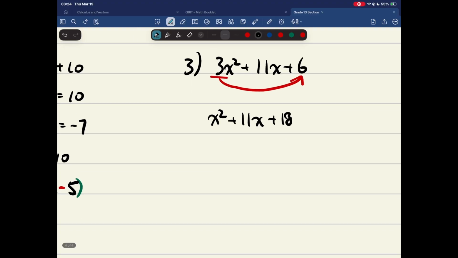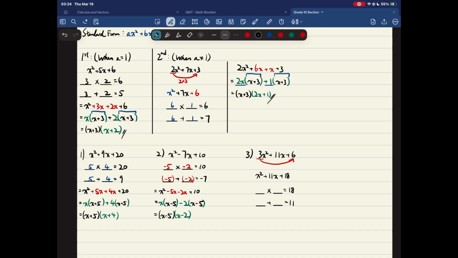And same thing, we'll need two numbers that multiply to 18 and add up to 11.